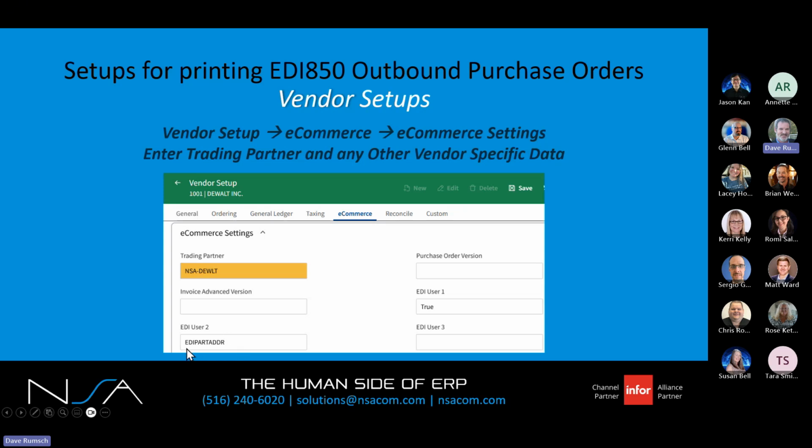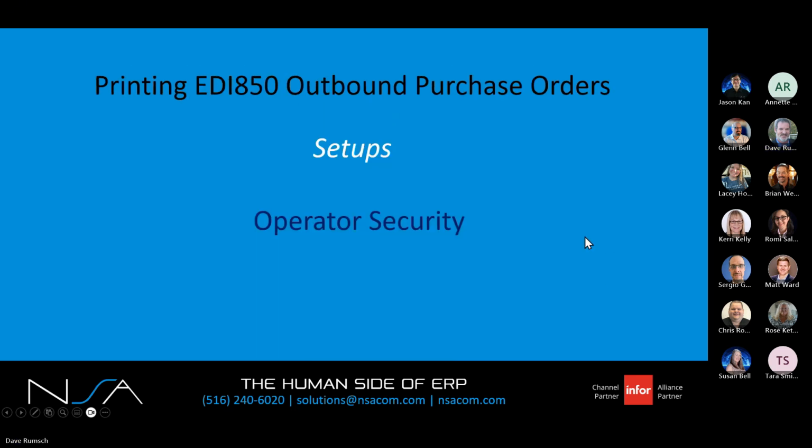It's called vendor setup EDI partner address. This one's your address. So they have 3 very strange database names, but on the screens that your customers will see, this is what they're called. And they will appear in all outbound documents that relate to purchase orders. That's it for vendor setups.